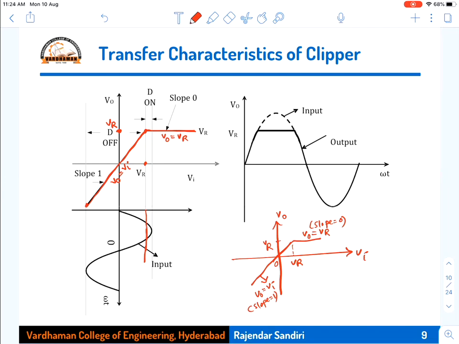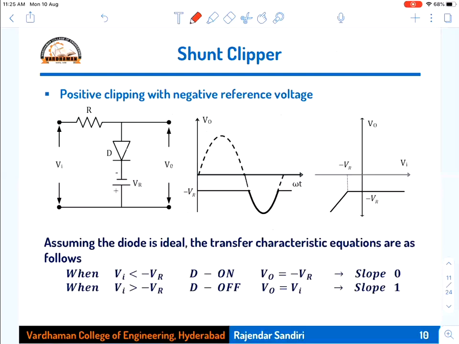It is a straight line passing through the origin, and slope is equal to 1. Okay, so that is the equation. I hope you understood. With this, now any circuit you can draw now.